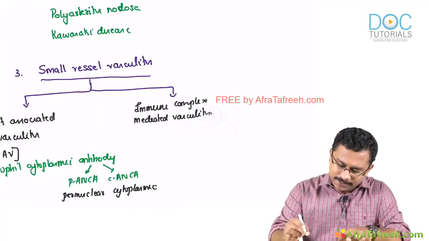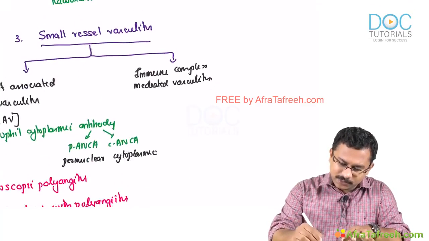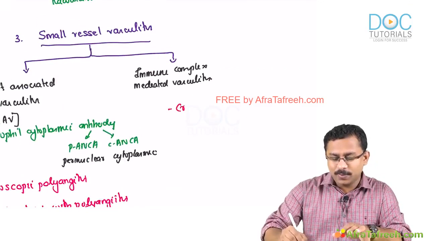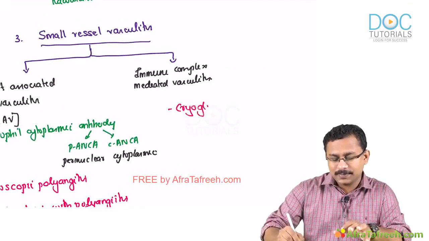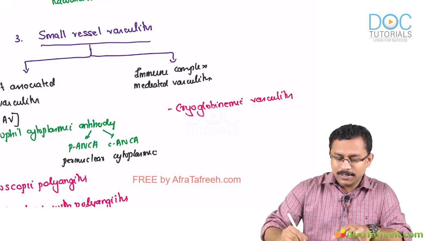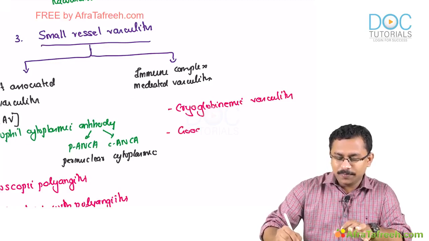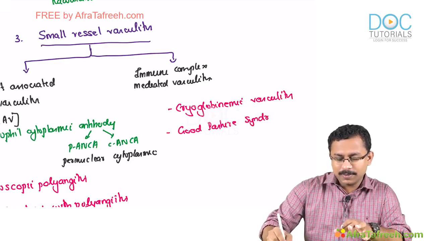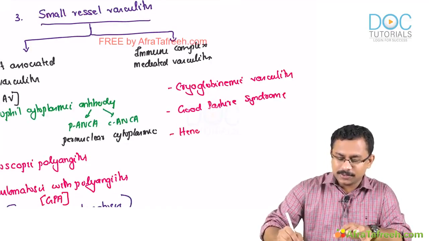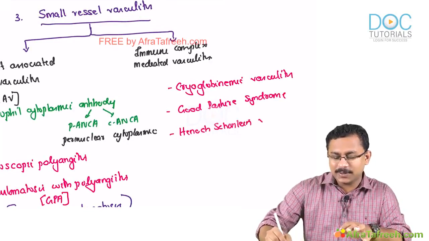Okay, and in the immune complex mediated vasculitis, you have the entities of cryoglobulinemic vasculitis, the Goodpasture syndrome, the Henoch-Schönlein vasculitis, which is an IgA vasculitis.